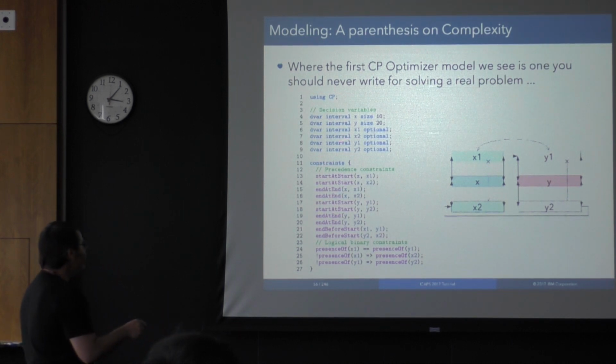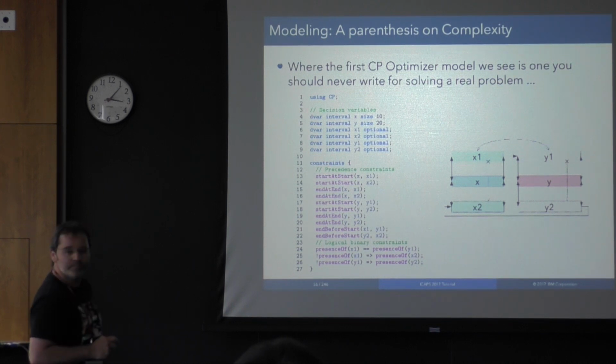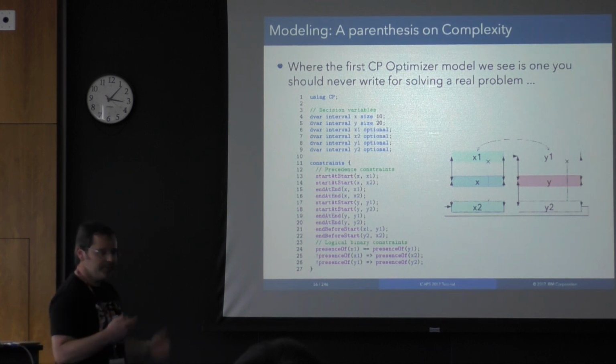But this is how it looks. So you define x, y, the two interval variables. x1, y1, x2, y2 are optional, and then you add this set of constraints, start at start, etc. I won't describe this model, but you can have a look.